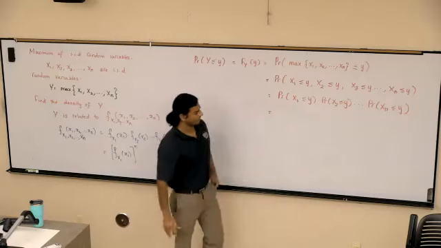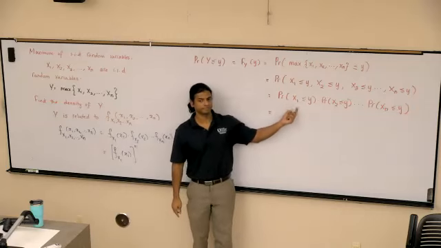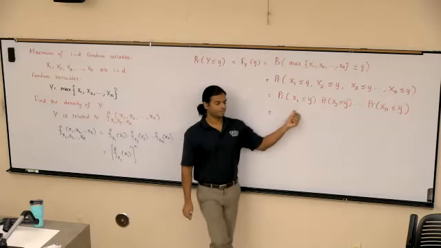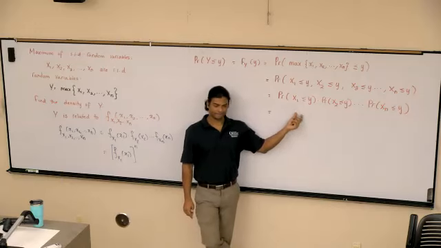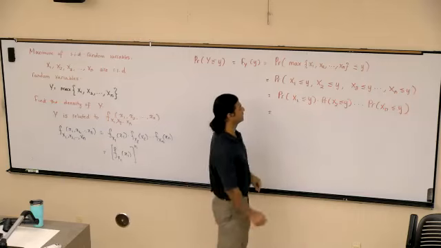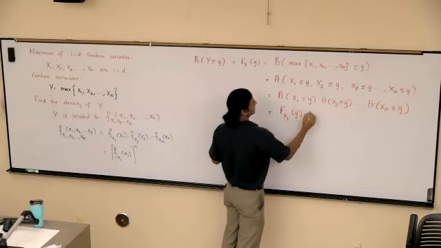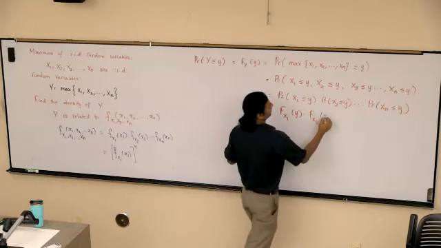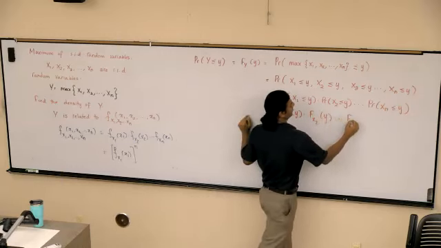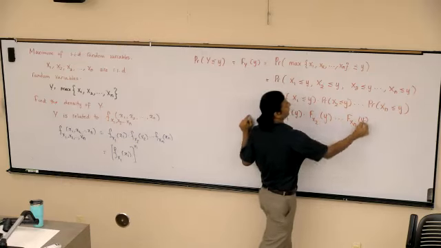That simply is the probability x less than or equal to y, which is simply the CDF of the random variable. So F_x1 of y times F_x2 of y, dot dot dot, F_xn of y.